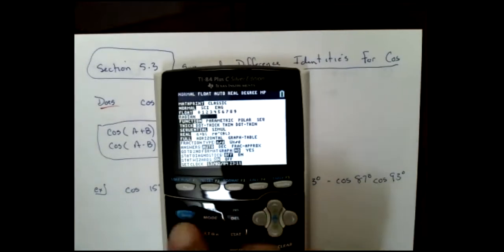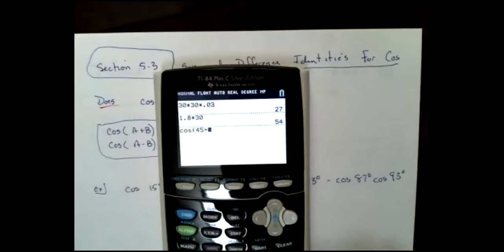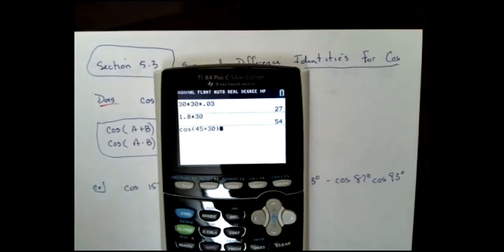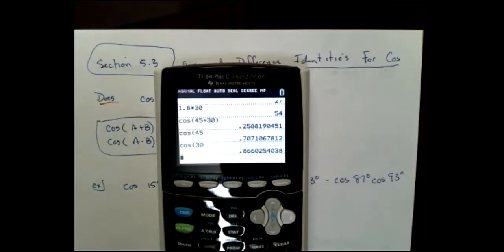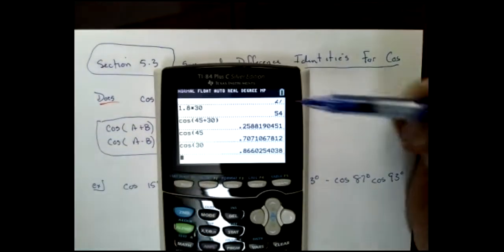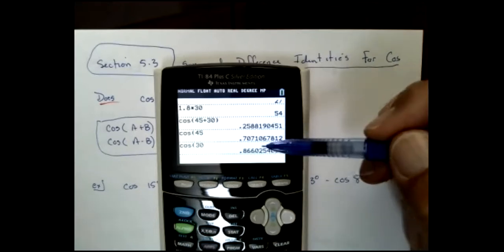Now the cosine of 45 degrees plus 30 degrees. I'm going to get that left side, and I want to know, is that going to equal the cosine of 45 and the cosine of 30? 0.258 does not equal.